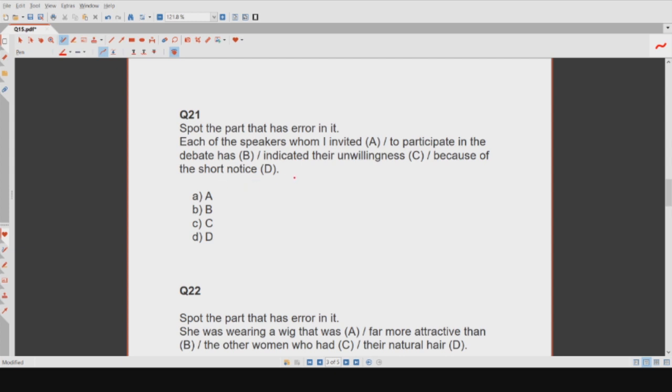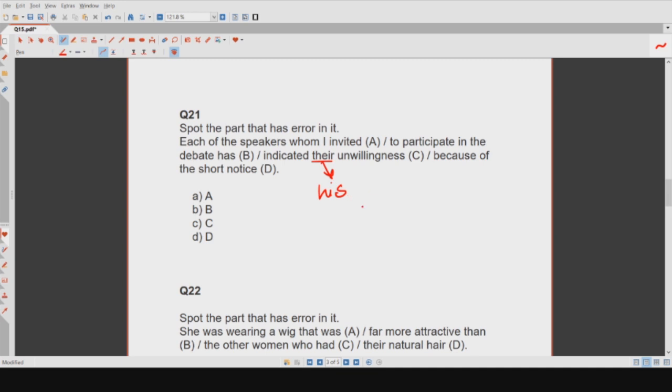If you read it carefully, indicated their unwillingness in the sentence should be replaced by indicated his unwillingness. In referring to anybody, everybody, everyone, anyone, each, etc., the pronoun of the masculine or the feminine gender is used according to the context.